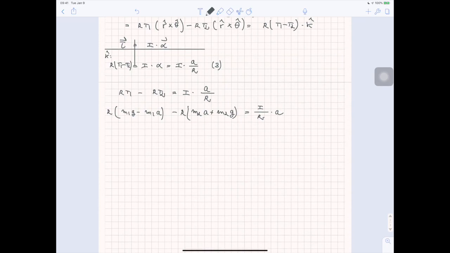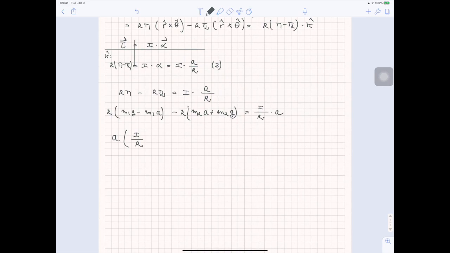So now we can bring all of the quantities relative to A to the left-hand side. So what would we have then here? A on one side. We have then the term from the moment of inertia, I over R. So this is from here.